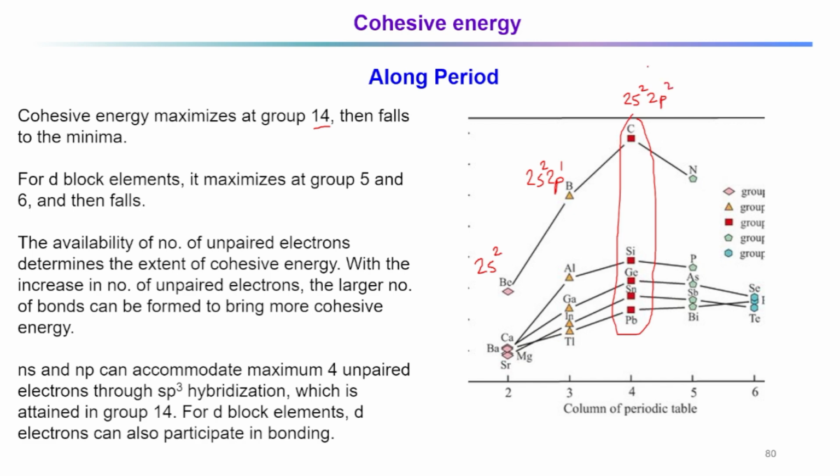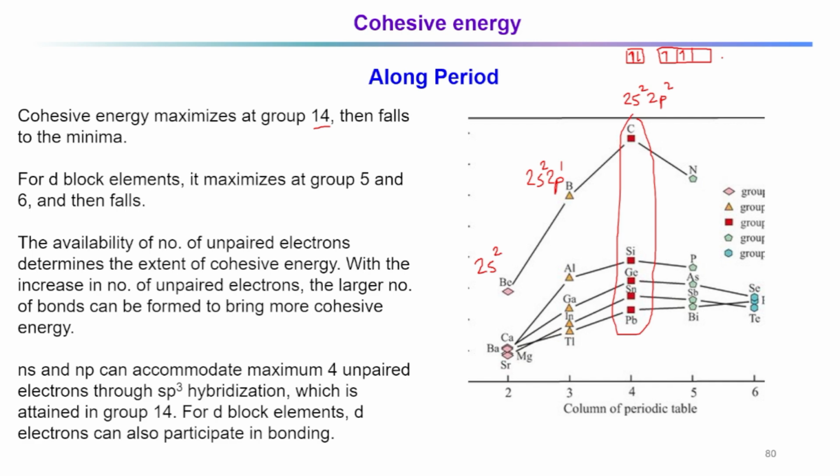So if you see this, 2s2, 2p2 will look like this. First we have this 2s2 and then 2p2, one electron here, one electron here, and this p orbital is vacant.